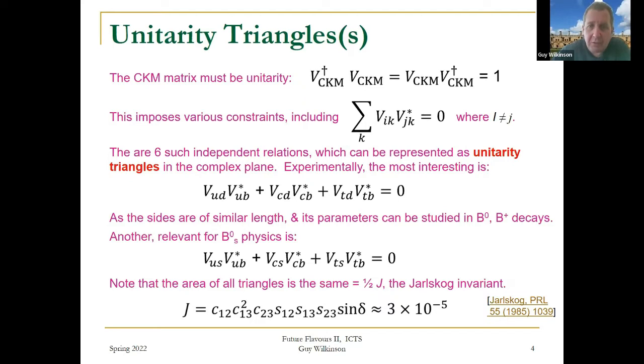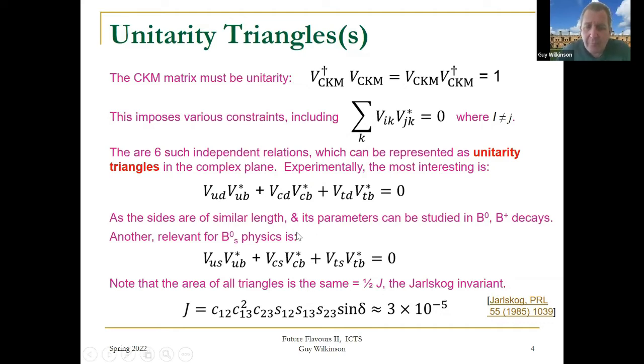That imposes various constraints, and these constraints can be represented geometrically as unitarity triangles in the complex plane. Experimentally, the most interesting is this one here, because it gives a triangle where all of the sides have similar length. But there are other triangles which we will touch on.